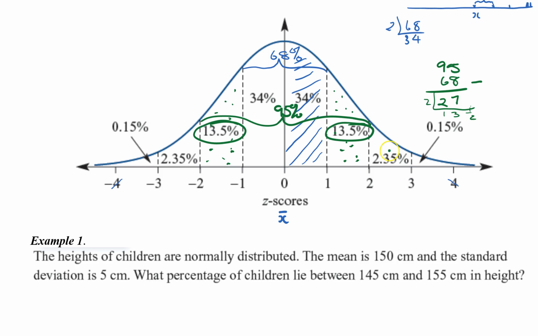Then to go to 3 standard deviations, remember it was 3 standard deviations was this 99.7%. Now, how much then was added on in this region?